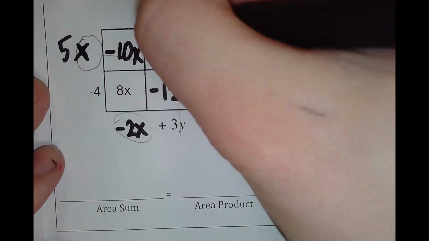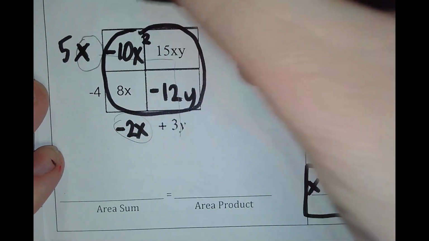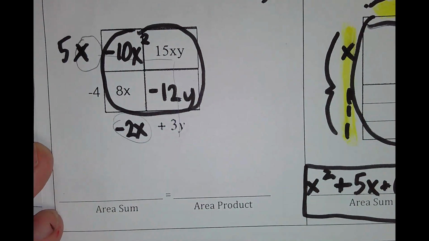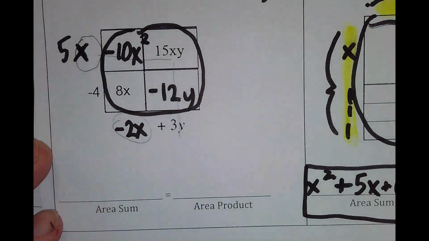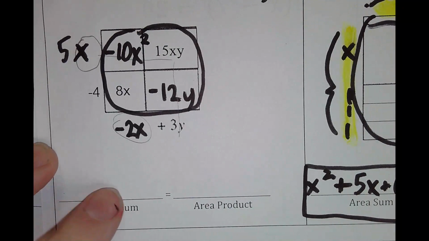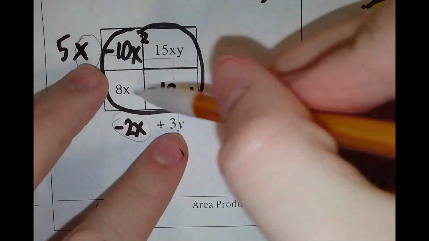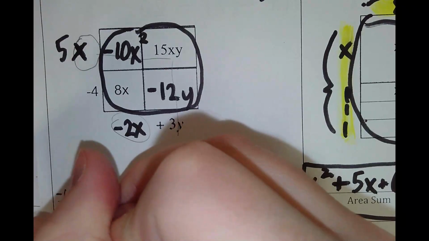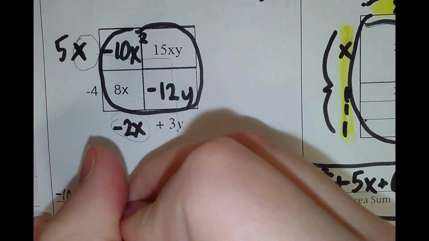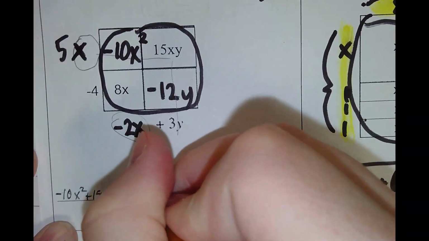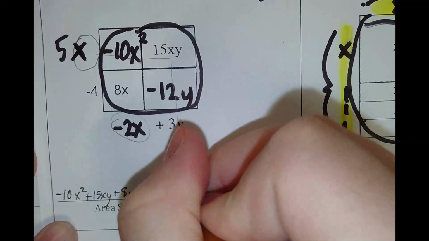We're going to add them all up to get our area sum and multiply to get our area product. So our final answer here, I need to write this in pencil this time because it is a longer question, a longer sum. There's no like terms here, so I have to just add them all up. Negative 10x squared plus 15xy plus 8x minus 12y.